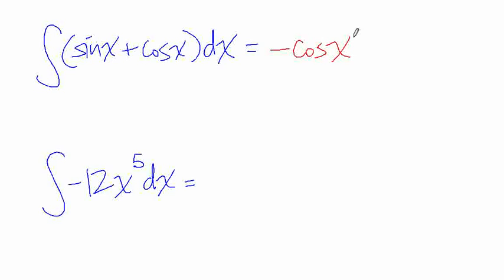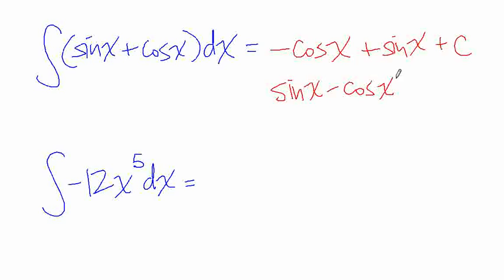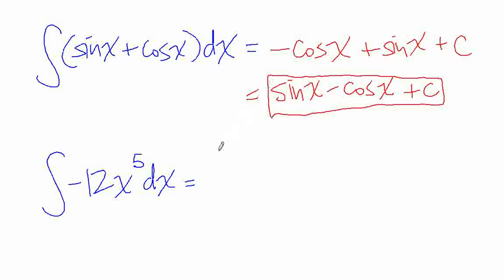The antiderivative of the cosine of x with respect to x is sine, plus the constant of integration. And so maybe you'd like to put the sine first in this case, so you don't have a negative to start things out. All right, so that's maybe a nice way to package that answer.